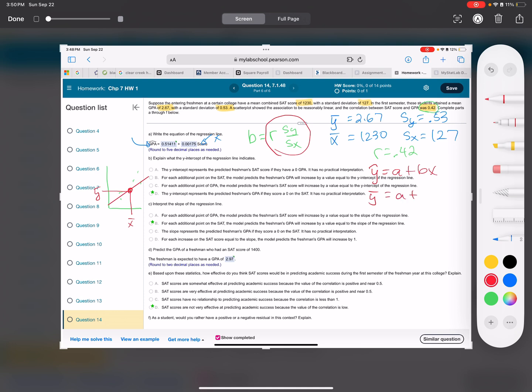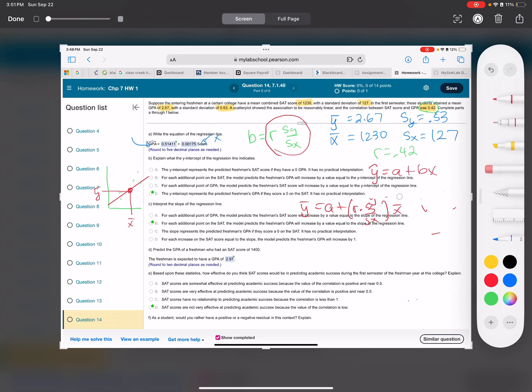So this is essentially what I'm going to be doing: y bar equals a plus R times Sy over Sx times x bar.